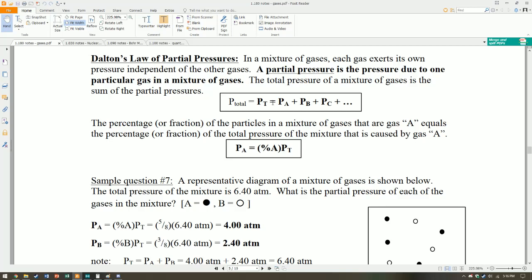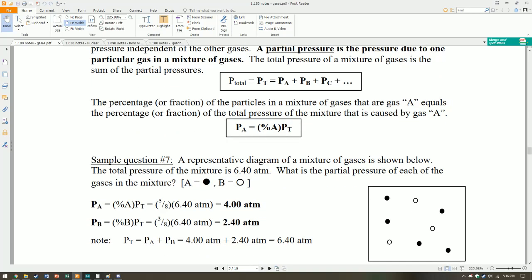So pressure total is the pressure of gas A plus the pressure of gas B plus the pressure of gas C, and so on and so forth. Alternatively, if you know the total pressure and the ratio in which each gas is combined, you can get the pressure of each individual gas.